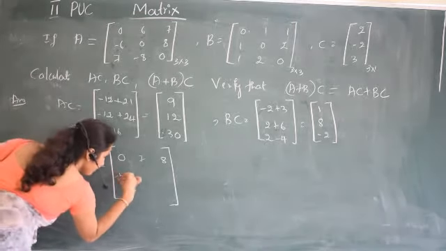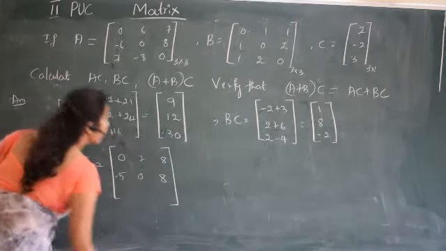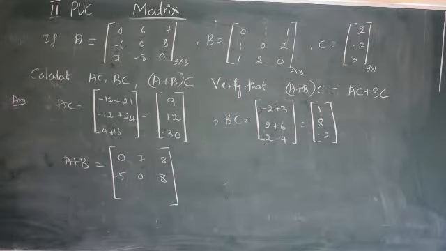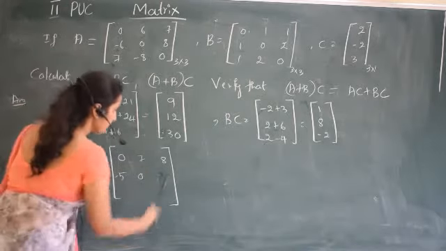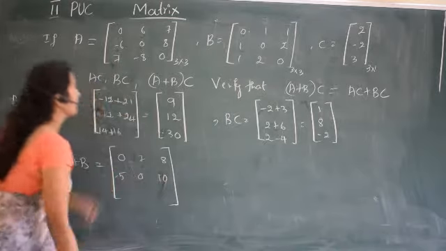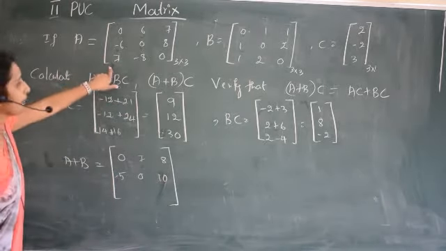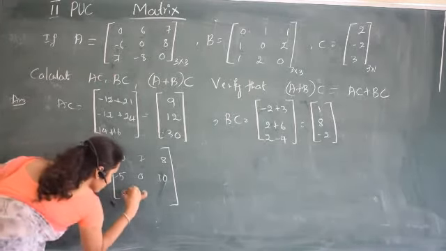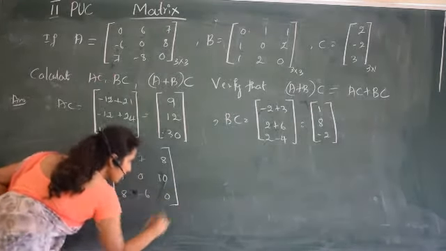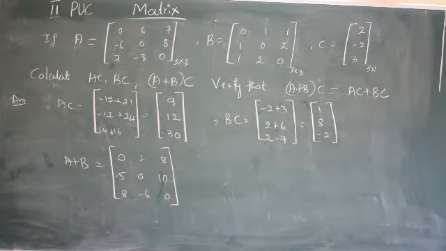The third one is 7, 8, minus 5, 0, 10. Then the last one is 8, minus 6, 0. Now we have calculated A plus B.